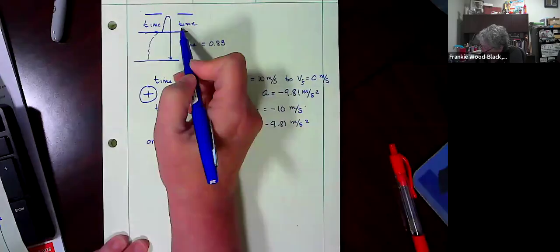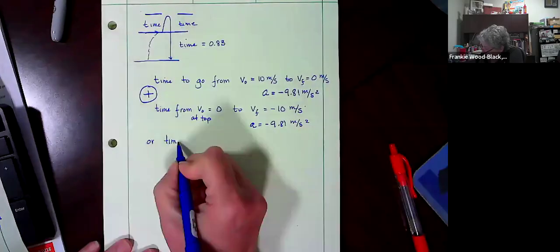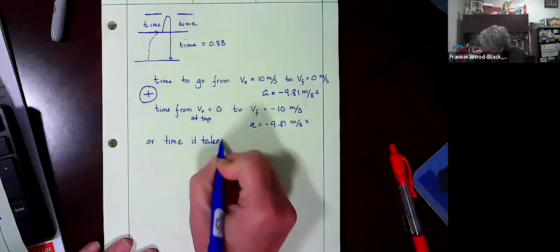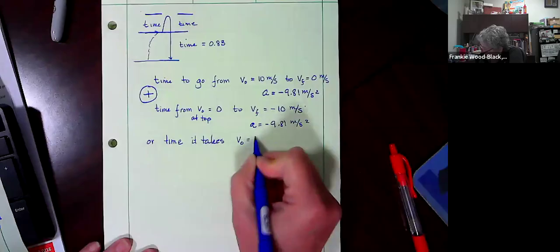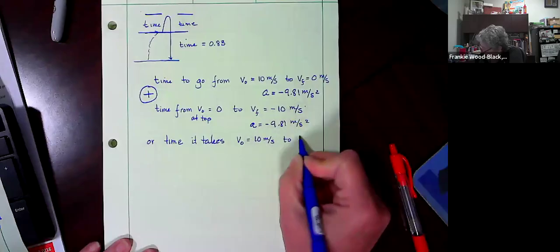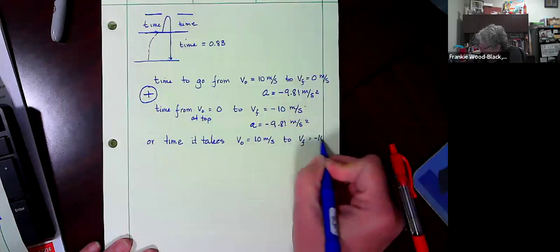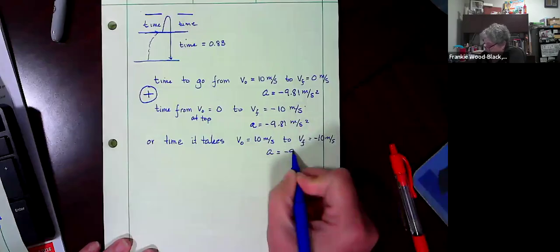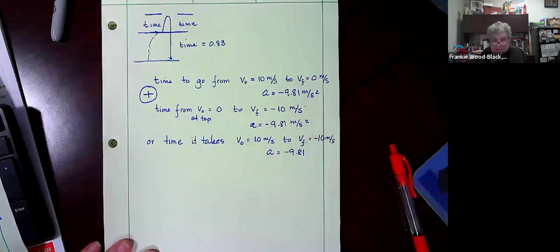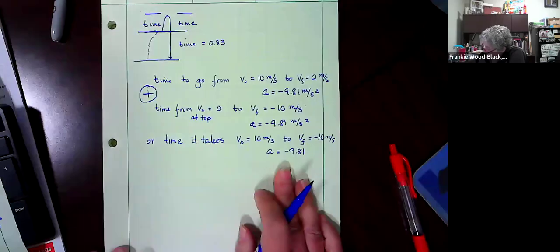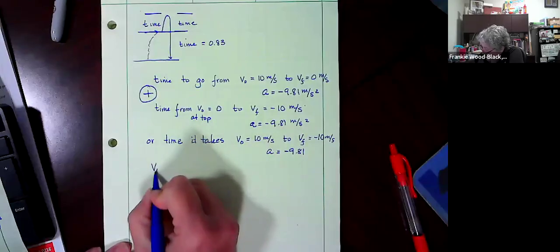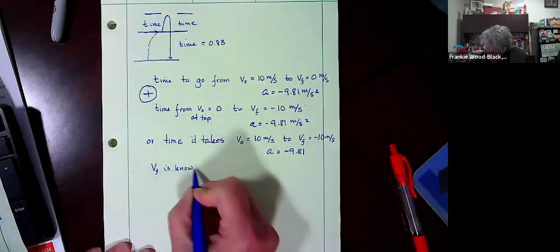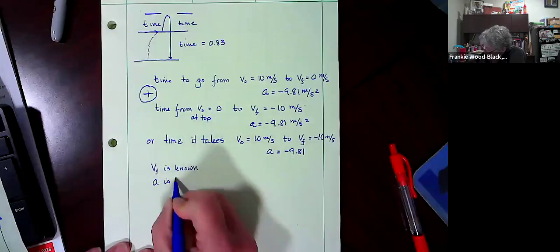Or the time it takes from V0 equal to 10 meters per second to V final equal to minus 10 meters per second, with my acceleration at minus 9.81. And that gives me this whole time. So we're going to do that one because I'm going to do it in one step. So now I have my V final known, my acceleration is known.